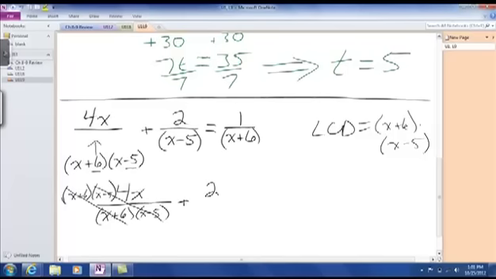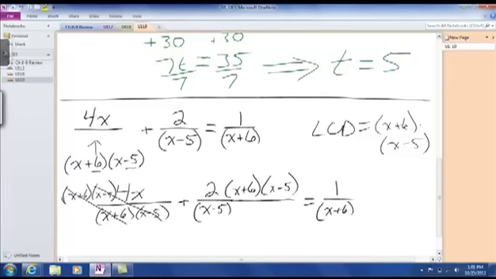Plus, I've got 2 over x minus 5, and I'm going to multiply by x plus 6 times x minus 5 on top of this fraction as well. Let me extend that fraction bar there. And this equals 1 over x plus 6, and we're multiplying by x plus 6 times x minus 5.